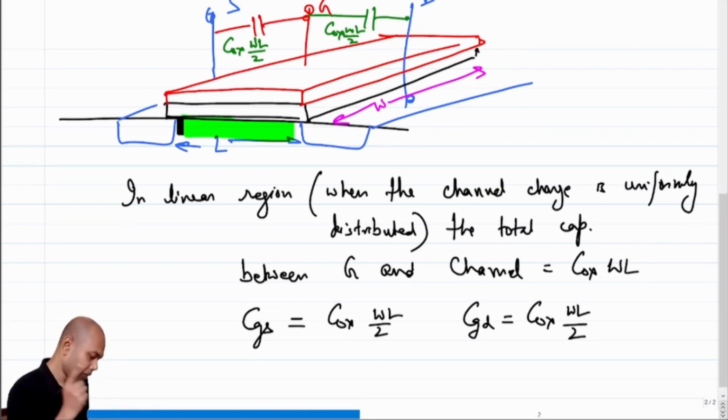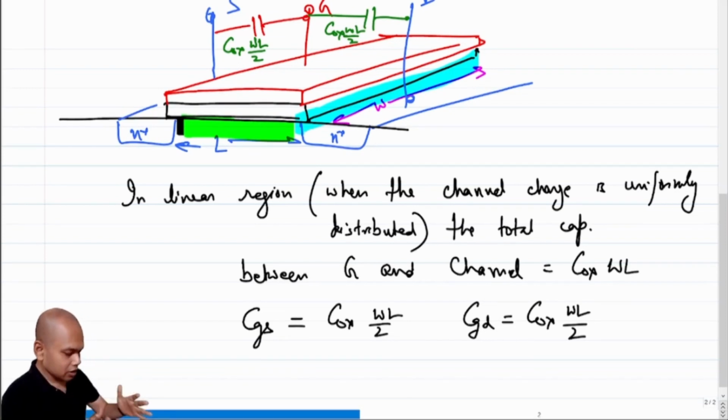Okay, fine. But this is also not enough, because if you look carefully, you will notice that there is a certain amount of overlap around this junction, right? There is a certain amount of physical overlap between the oxide and the N plus region, and that has to be there, because if that overlap is not there, there will be a region where the channel cannot be formed, both towards the drain and the source side, and your transistor action will be lost, right?